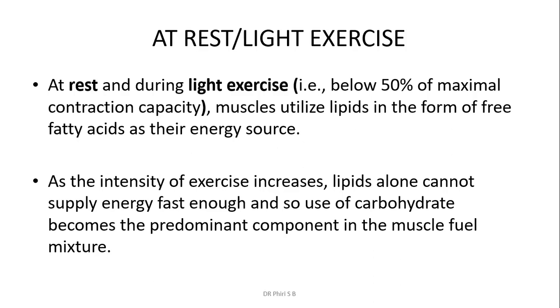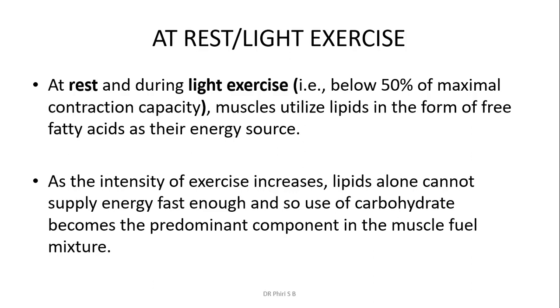Then if the free fatty acids are not enough, the body will resort to using carbohydrates. If the carbohydrate source is not enough, then the body will start using proteins. So the proteins will be the last molecules that can be used for the production of ATP.